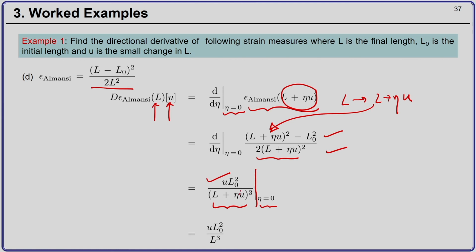So, only in the denominator you have eta. So, when you substitute eta equal to 0, you get u L0 square divided by L cube. So, this is nothing but u by L, L0 by L, and this is L0 by L.